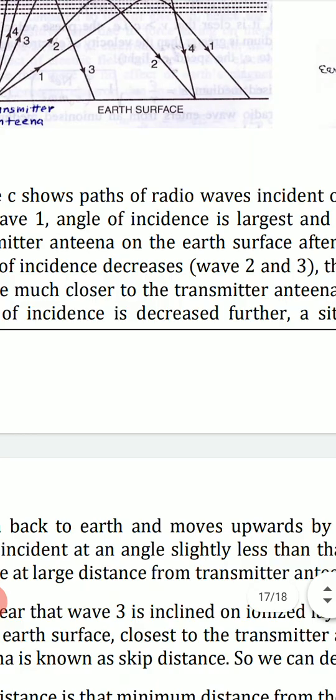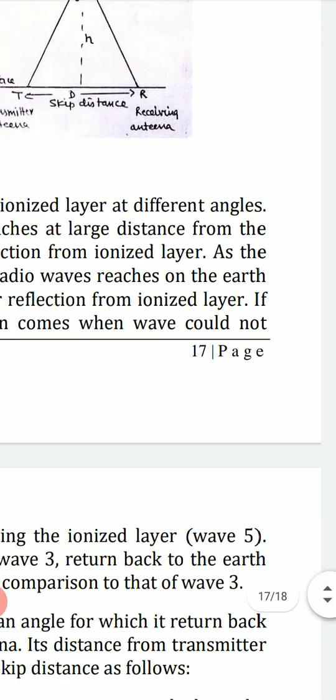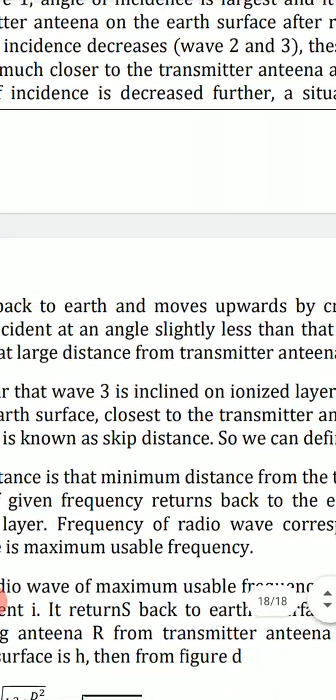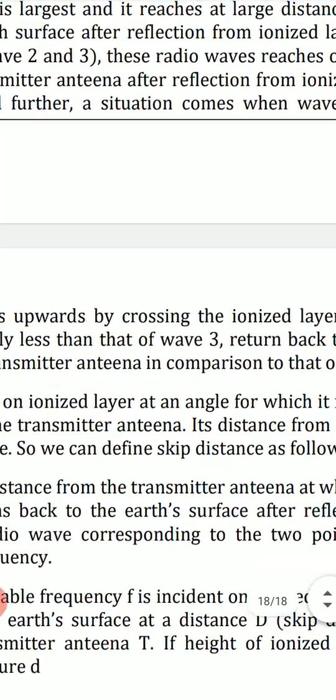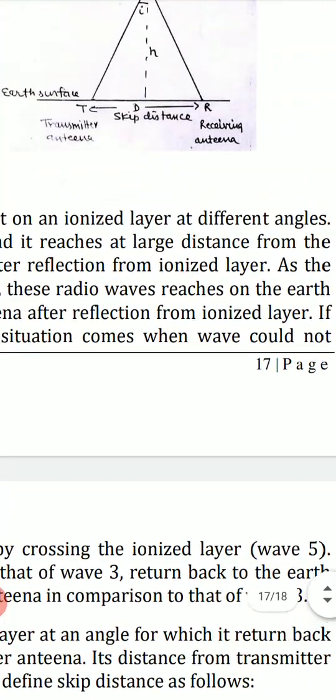If the angle of incidence is decreased further, a situation comes when the wave cannot return back to Earth and moves upwards by crossing the ionization layer. This is for wave 5.